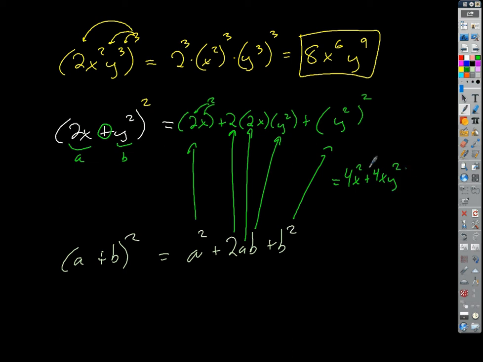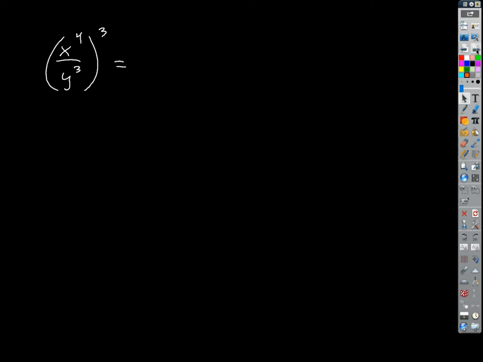And then finally, y squared squared is y to the 4th power. Not so bad, right? It looks worse than it really is. Writing that in Moodle's not going to be that fun, but it'll be fine. So what about this one?